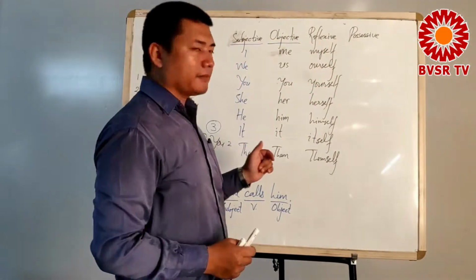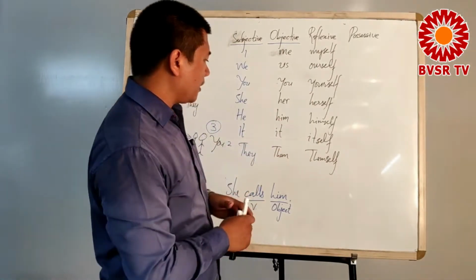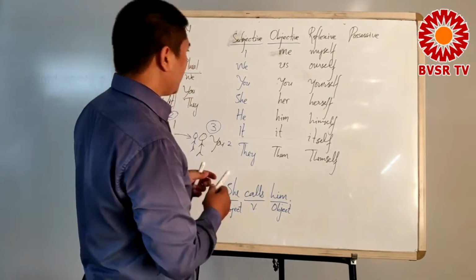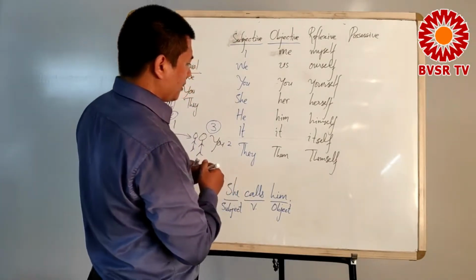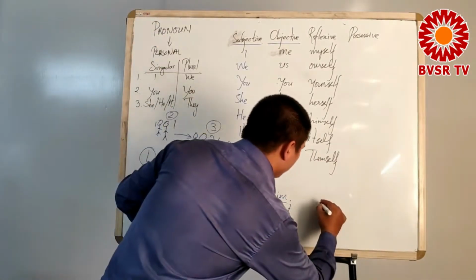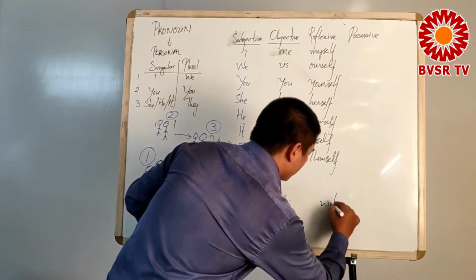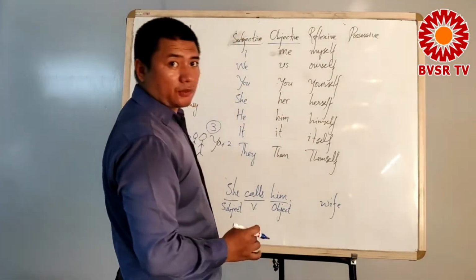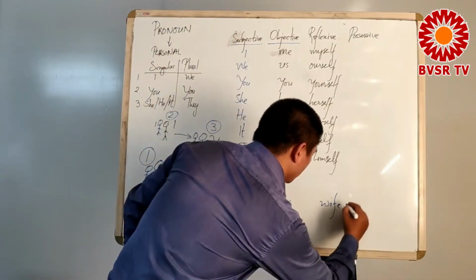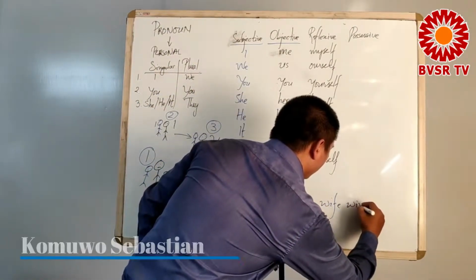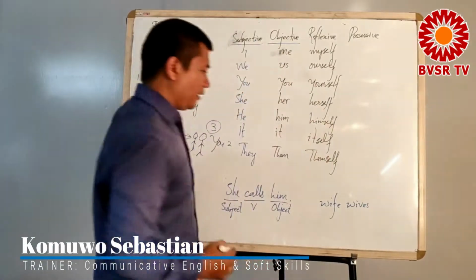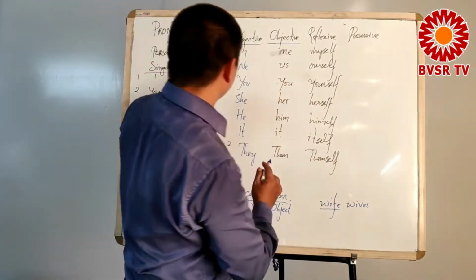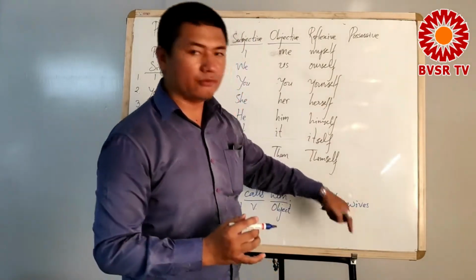But yes, there is some correction required here. For example, if you say wife in singular, W-I-F-E, but when you put it as plural, it should be W-I-V-E-S. Therefore, wherever it is plural, we need to convert it into V-E-S.